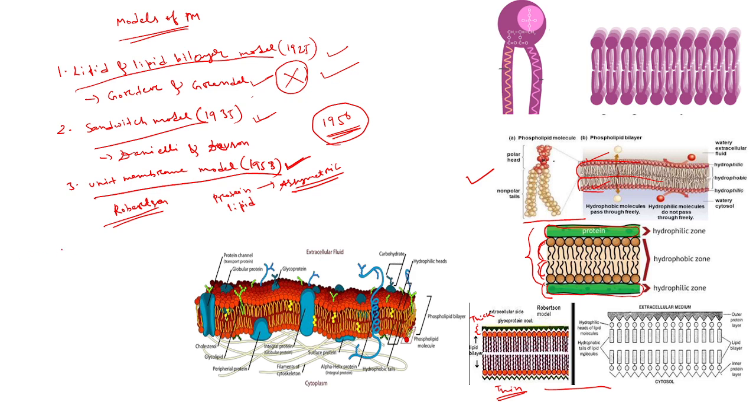So the fourth one is most important, that is called the fluid mosaic model. Fluid mosaic model, and it was discovered in 1972 by Singer and Nicholson.